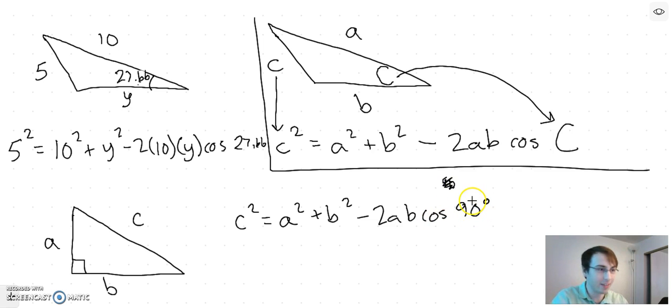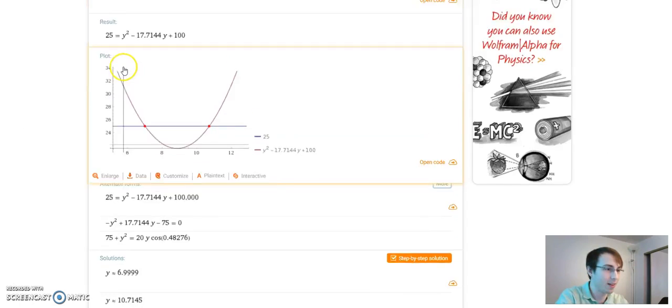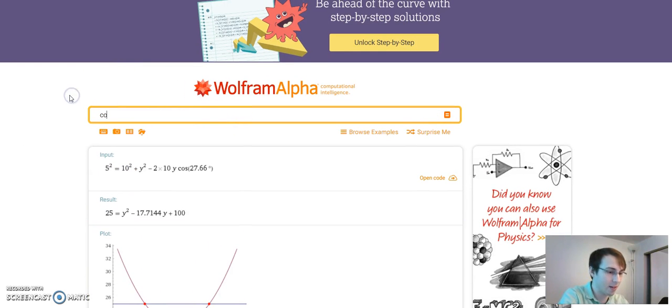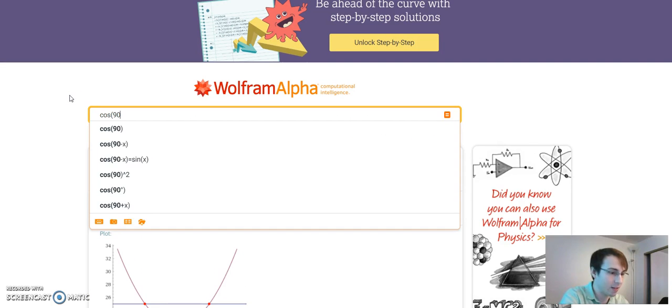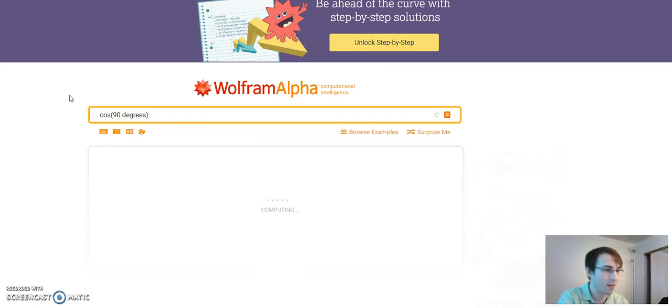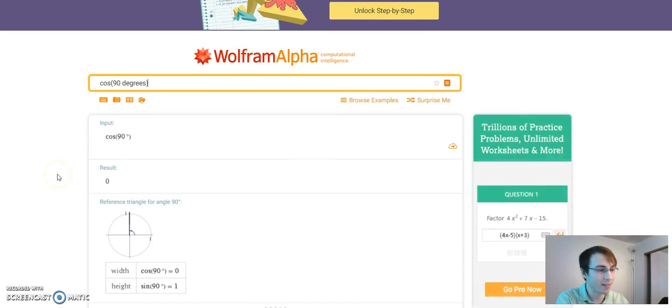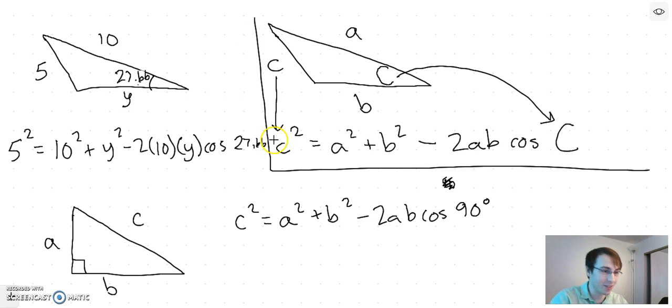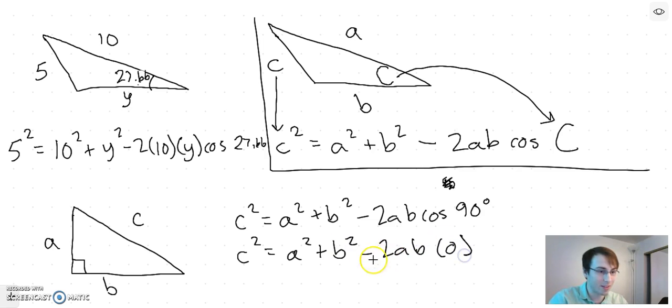Well, cos of 90 degrees is 0, which makes remembering values of trig functions a lot easier. So c squared equals a squared plus b squared minus 2ab times 0. This whole thing is 0, so we just get c squared equals a squared plus b squared, and we're right back to the Pythagorean theorem. So yes, when in doubt, law of cosines.